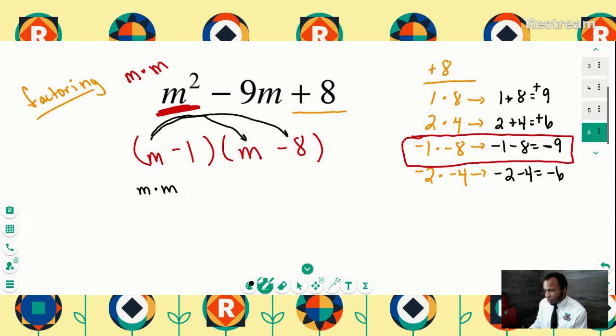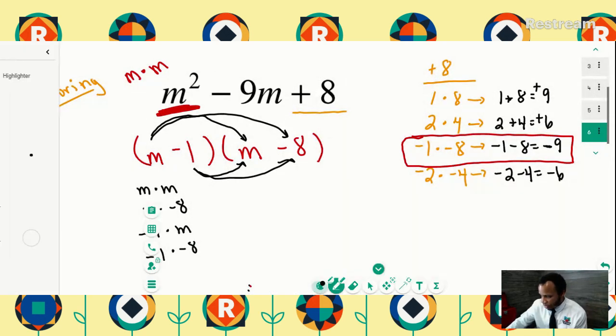Next we have m times -8. Then we'll multiply -1 times m, and then we'll multiply -1 times -8. And from here, we'll simply work these out.